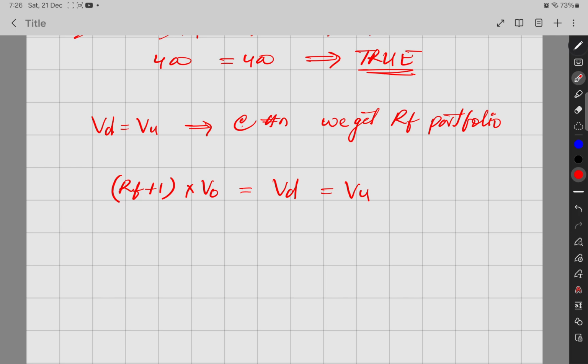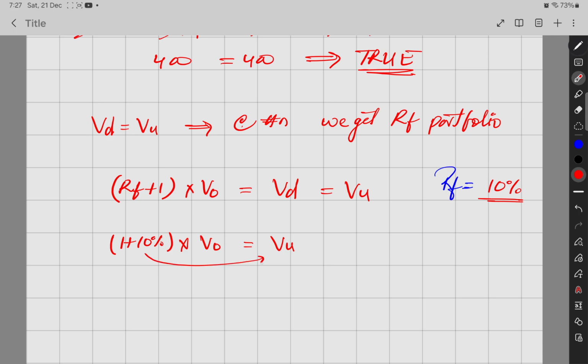That must be true. So here's where we define our RF. RF, let's say, is 1.1. That's not 1.1, that's just 10%. So 1 plus 10% times V0 equals the value at upside.